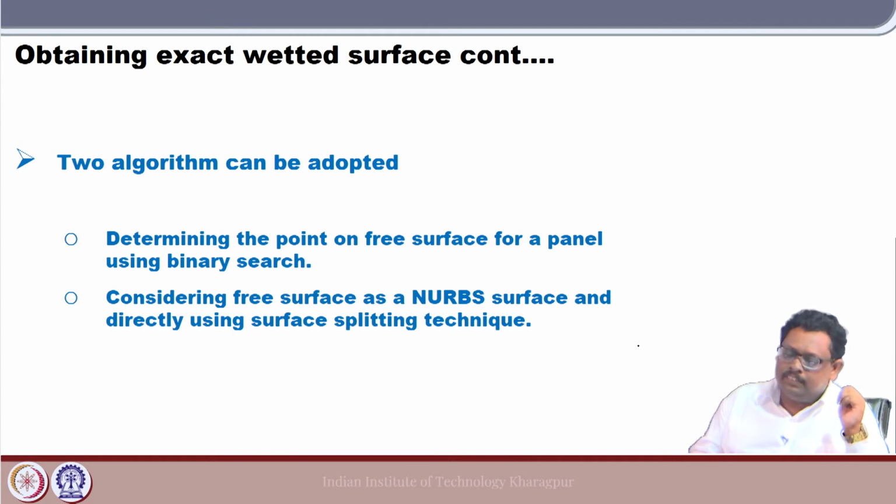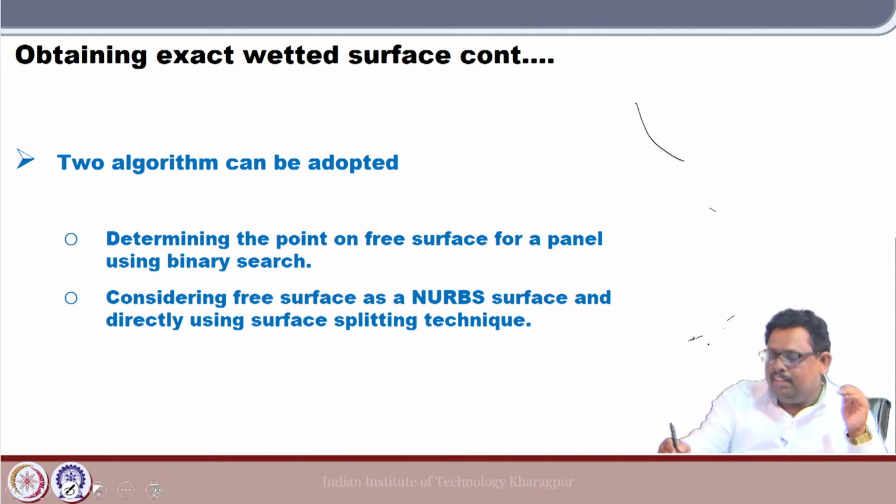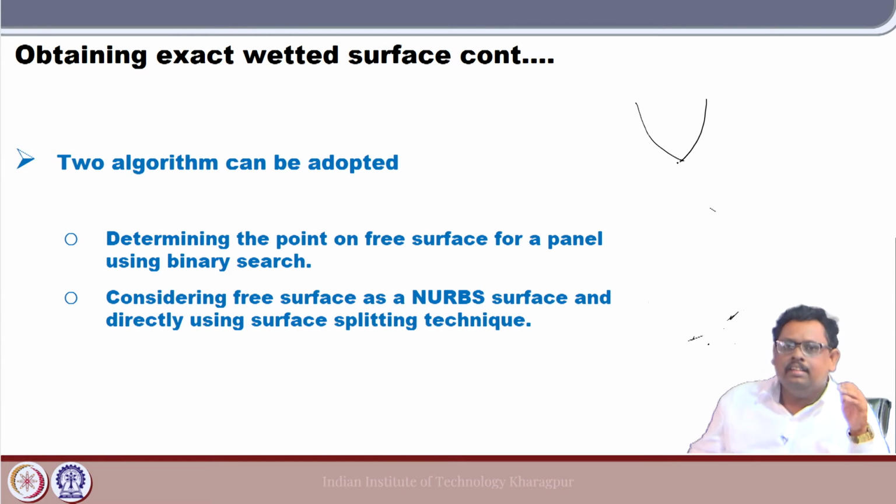into NURBS surfaces. For example, if you consider the ship and the body plan, this one is a curved surface, this one is a curved surface, and this is also a curved surface.